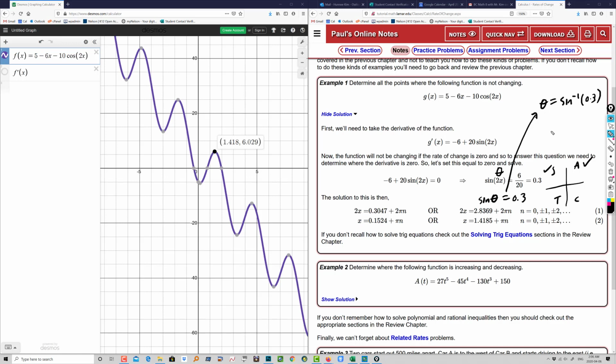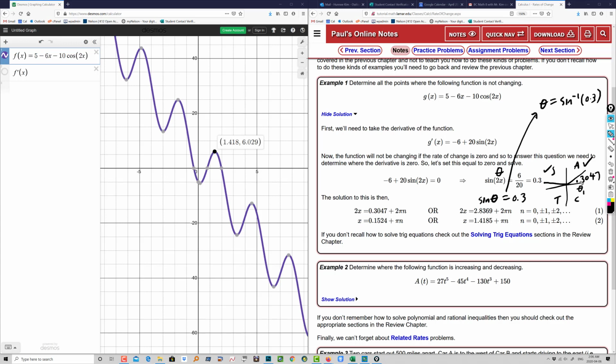And we have 0.304. So 0.304 radians is quite small. You can even convert it to degrees if you want to know exactly where it is, but it's around 17 degrees. It's going to be 0.3047 radians. And then to get the second theta value, this is theta 1.